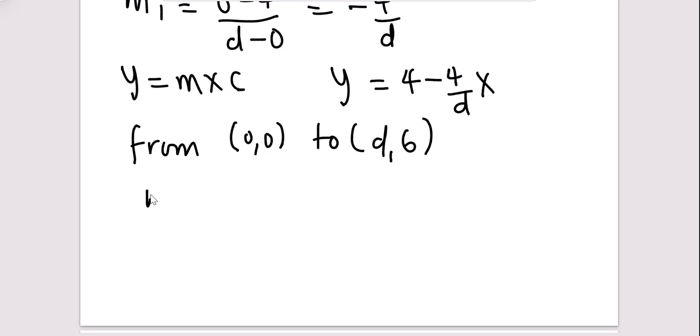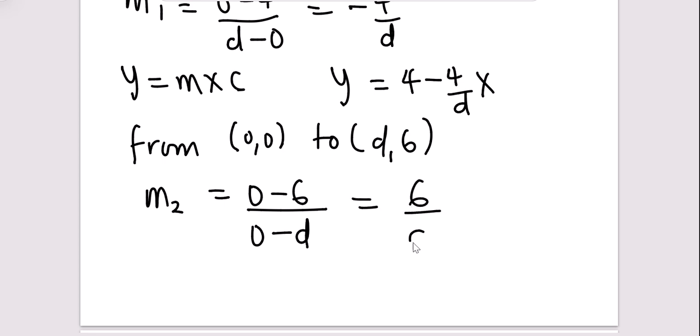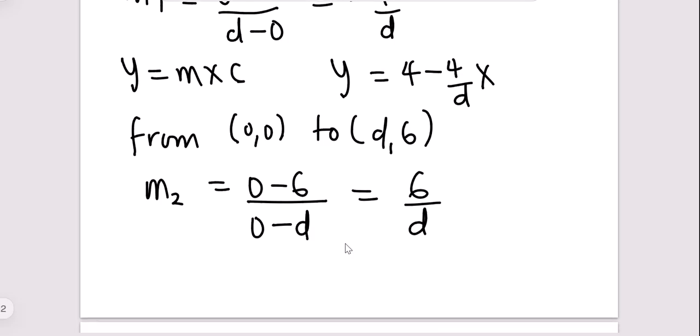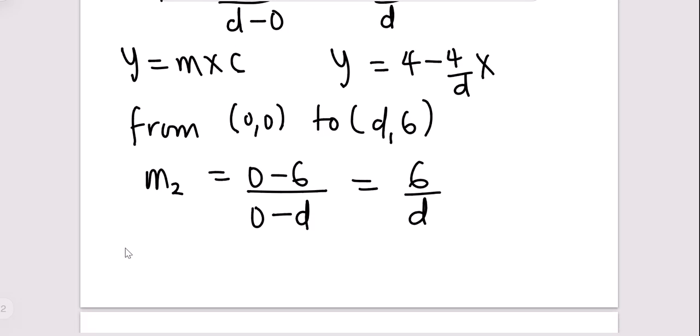Now, our second slope, which is m2, is going to be 0 minus 6 divided by 0 minus d. So here we have 6 over d. In this case, our intercept is 0. So our equation of a straight line is going to be 6 over d x.